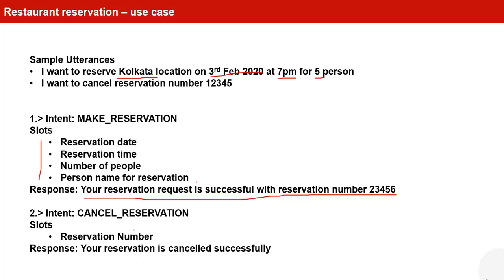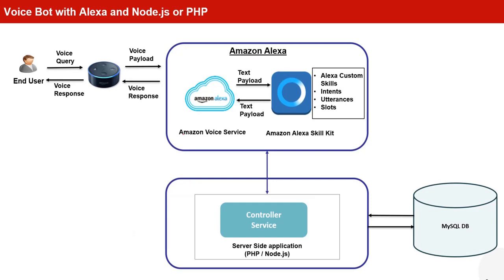So let's take a quick look at the architecture of this. As you can see, the end user on this side will send the voice query to Alexa. The utterances that we have seen in the previous slide, he will say to Alexa, and it will take it as a voice payload and send it to the Amazon voice service.